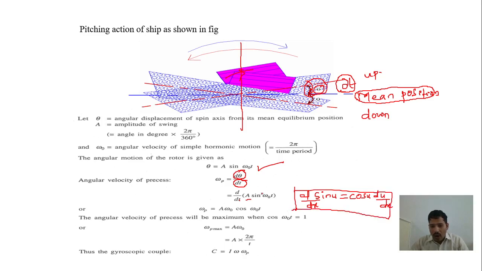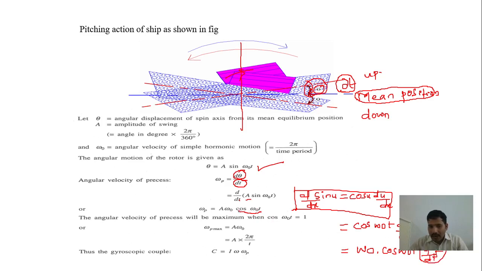So cos omega t as it is, d by dt of omega t. Omega is a constant, so it moves outside, into cos omega t, d by dt of t. d by dt of t is equal to 1. So the remaining is a omega cos omega t.